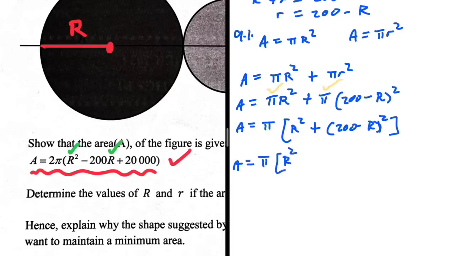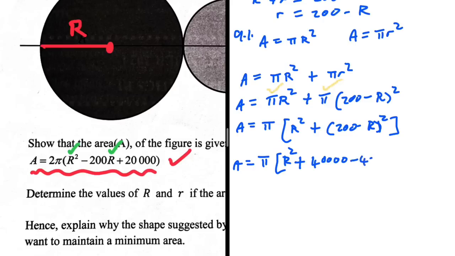So the area will be equal to pi times R squared, that's just R squared. What about (200 minus R) squared? 200 multiplied by 200 will give us 40,000. We carry the zeros. And then 200 multiplied by minus R is minus 200R.